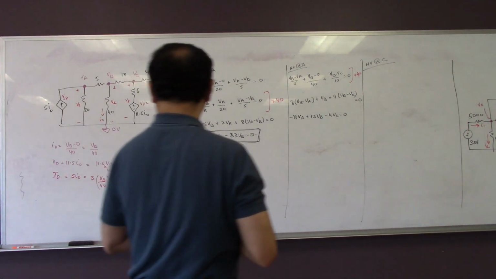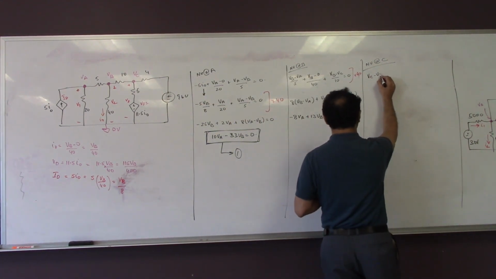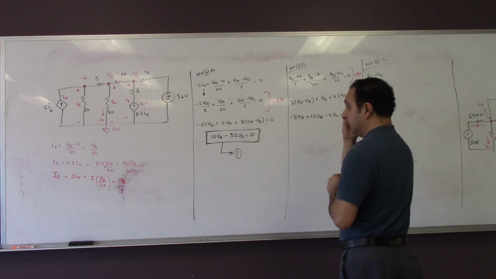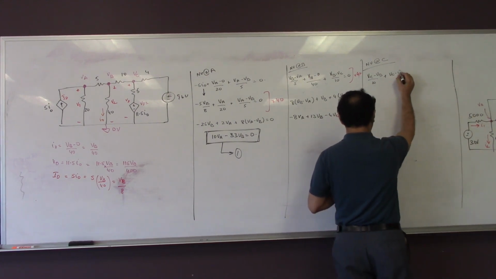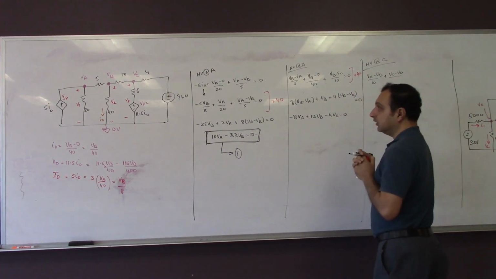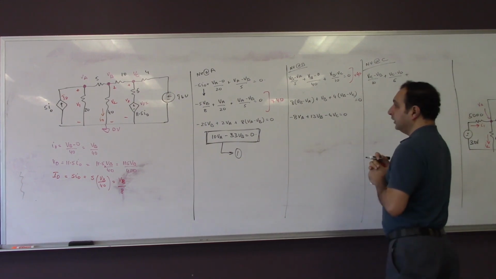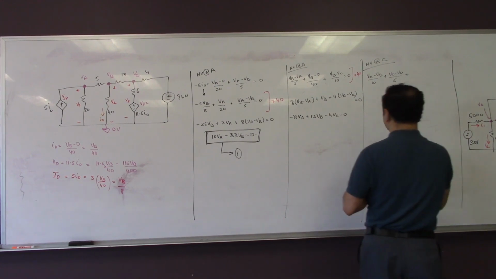Okay, so VC minus VB over 10. Here you have the positive terminal facing, so we'll have VC minus VD over 5, plus VC minus 96 divided by 4.